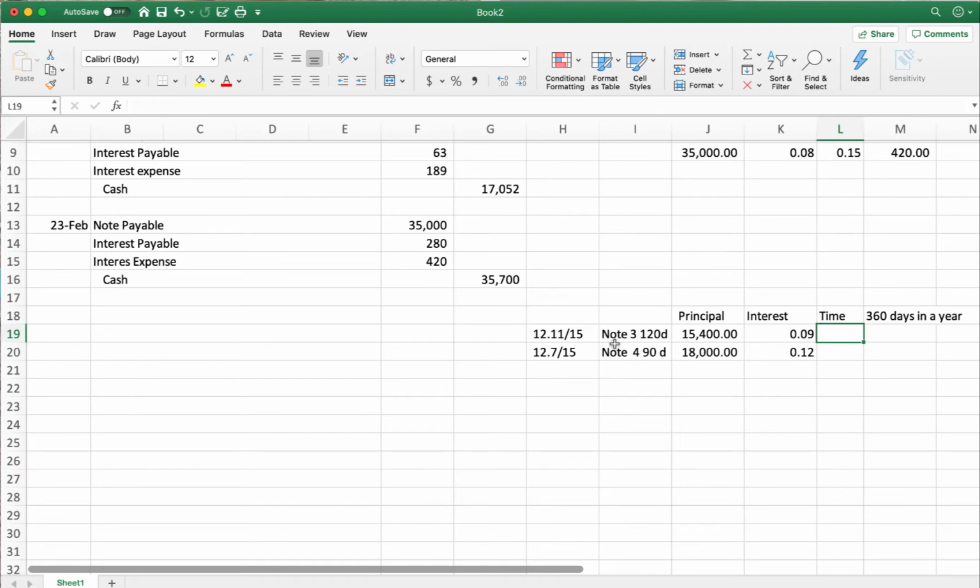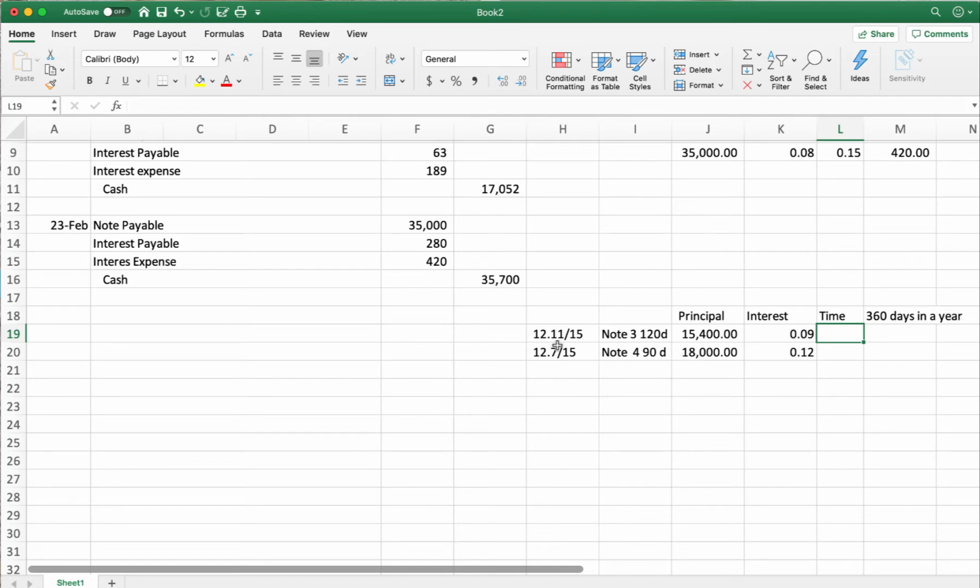So let's go with the first note. The first note that we have here is 9%, and it was signed on December 11th. So I need to count the number of days from December 11th until December 31st.